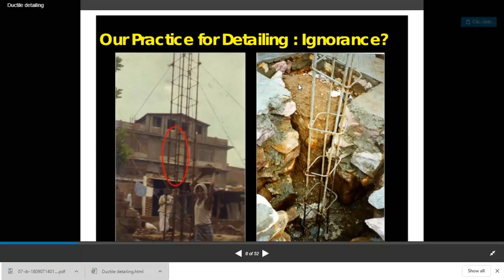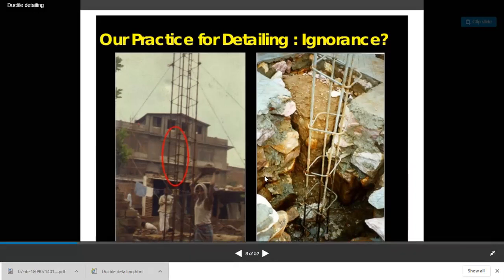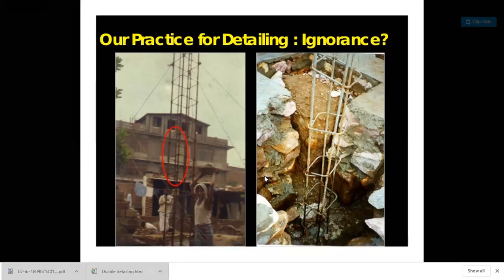So we have to reduce such points. We have to keep in mind which parameters increase the ductility or the strength of our building. Such types of ignorance we have to reduce as far as ductile detailing of RCC members is concerned.